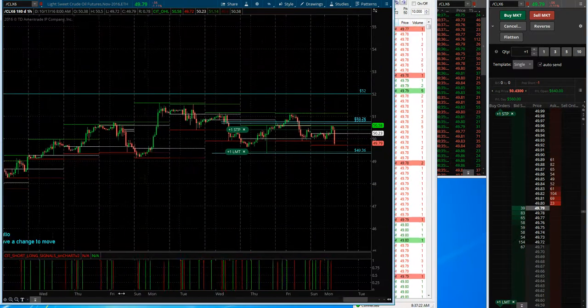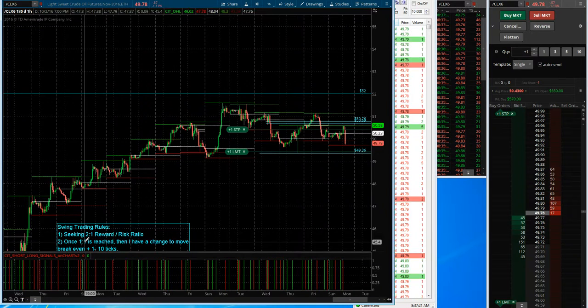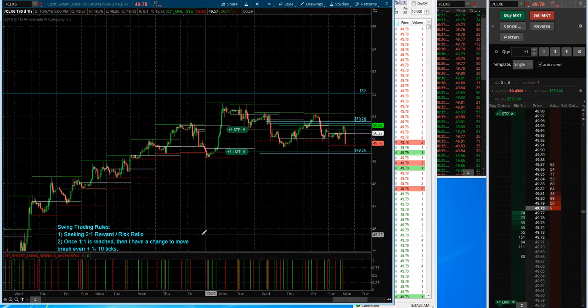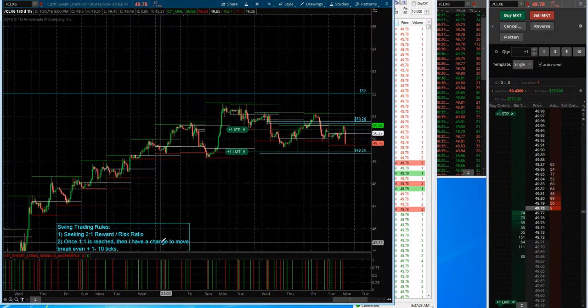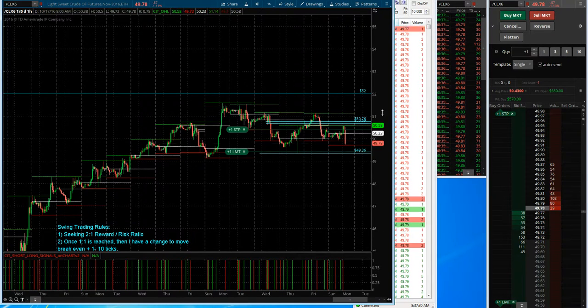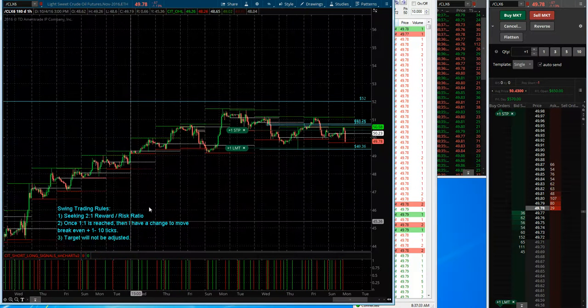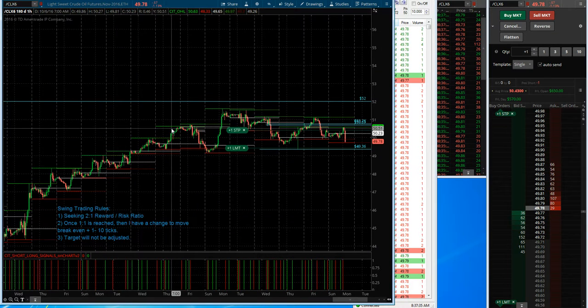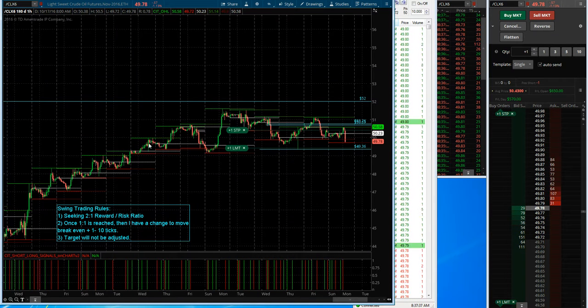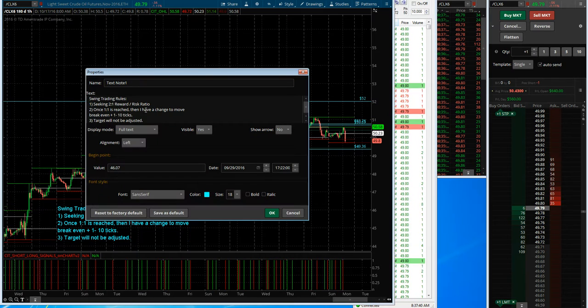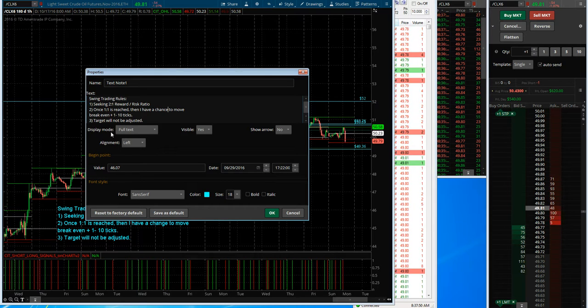Once it's reached 20, then I have a chance to move to break even plus 400 ticks, and then the target will not be adjusted.